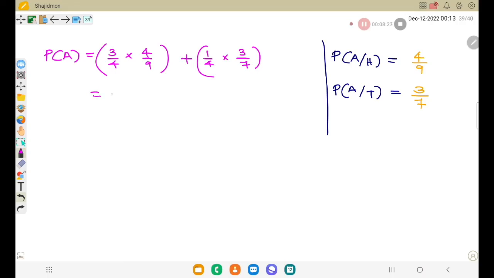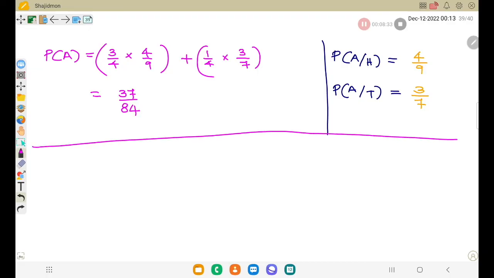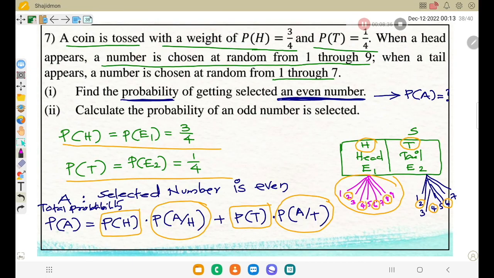So you will get the answer 37 divided by 84. Okay, this is the first part of the question, the A part. What is the probability of selecting an even number?